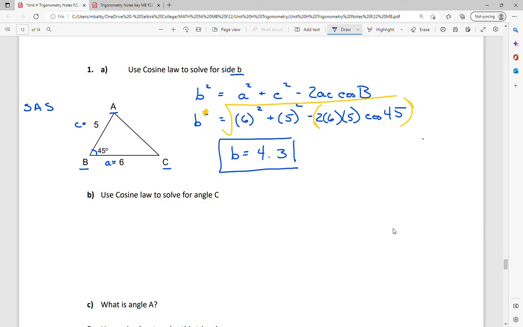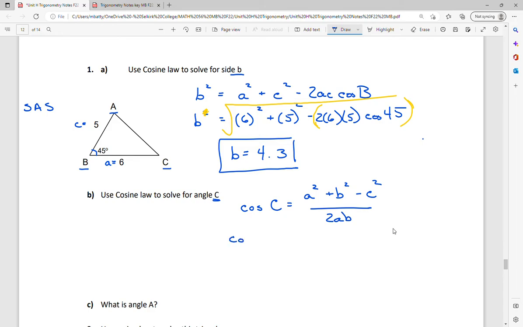Now that we have that, we're going to use, again, the cosine law to solve for angle C. So the equation that solves for angle C, I'm just copying it from my formula pages. And then I can sub everything in that I know about.